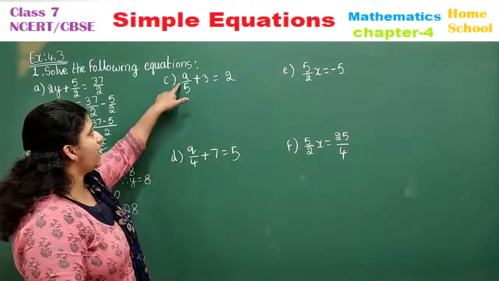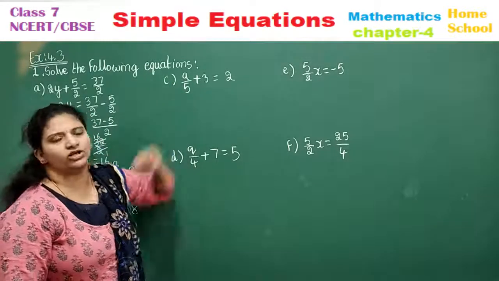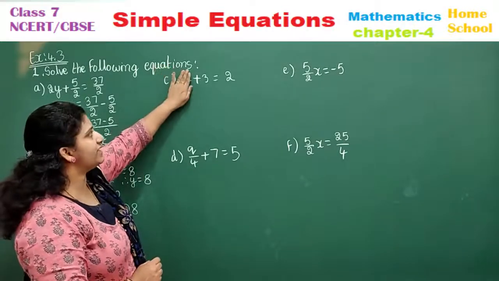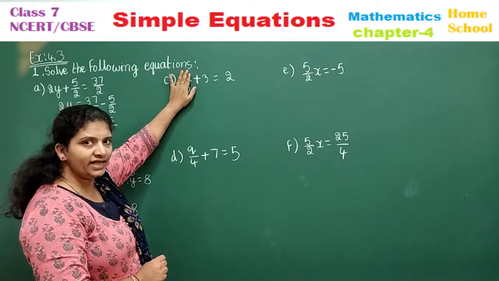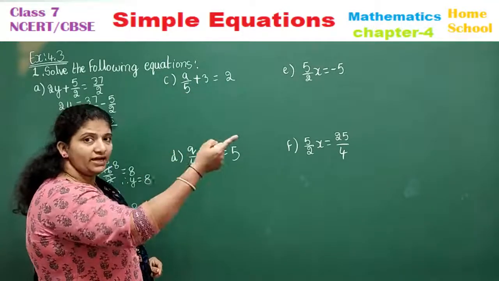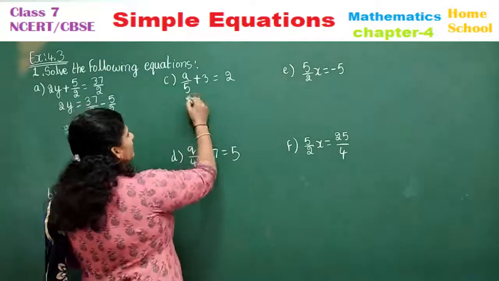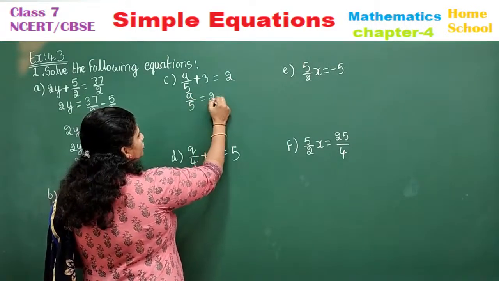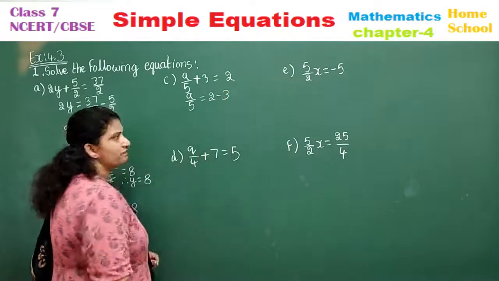Option C, a by 5 plus 3 is equal to 2. Identify the variable a. This set contains the variable. Other than this, what do you have? Plus 3. Transpose to the other side, it will be subtracted. a by 5 is equal to 2 minus 3.